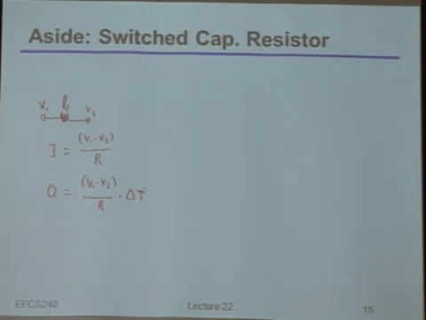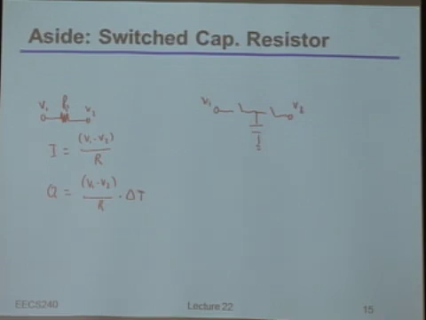I've done nothing except multiply the current by delta t to figure out how much charge I moved in that unit time. Keep this in mind, because I claim I can build a resistor out of some switches and a capacitor.